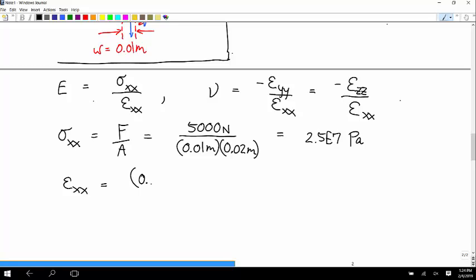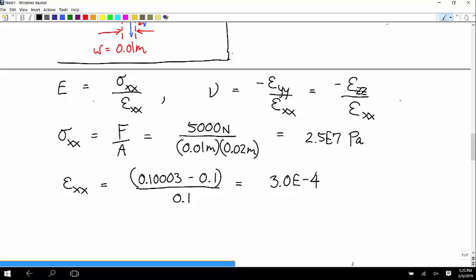That's right, 0.10003. And the undeformed length is just 0.1. Then we're dividing by 0.1. And you get a value of 3 times 10 to the minus 4. And strain doesn't have any units.